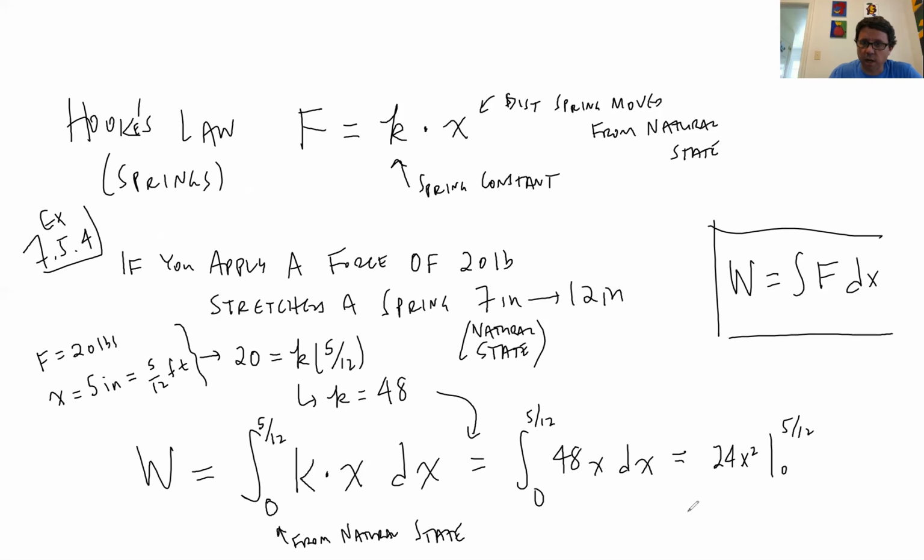Plug in 5/12, and we get 25/6 foot-pounds. So a little more than 4 foot-pounds. So that's Hooke's law.